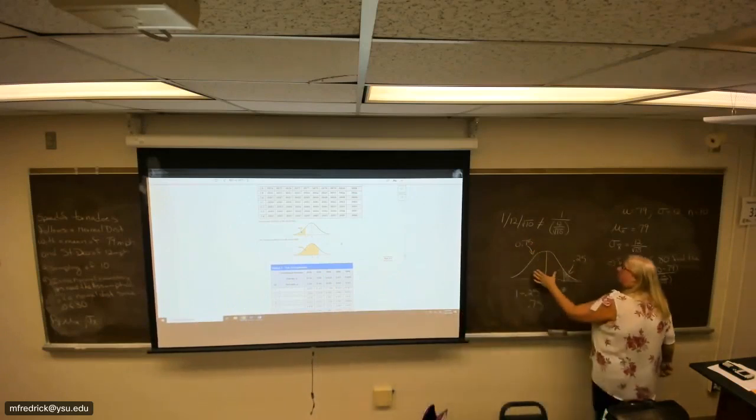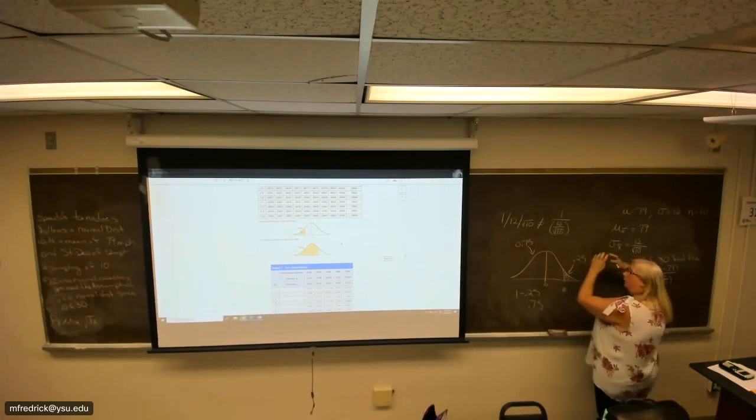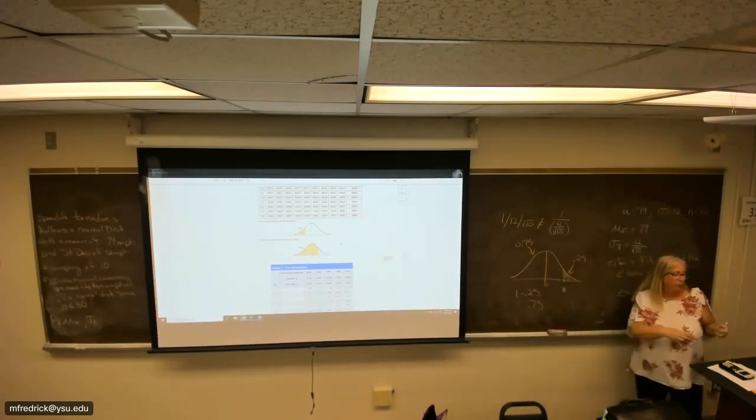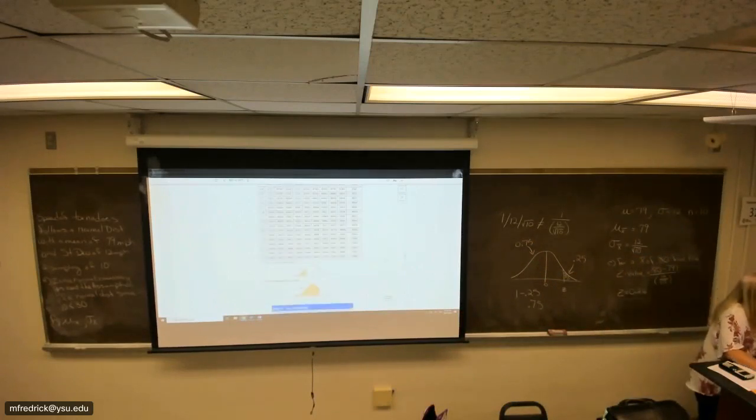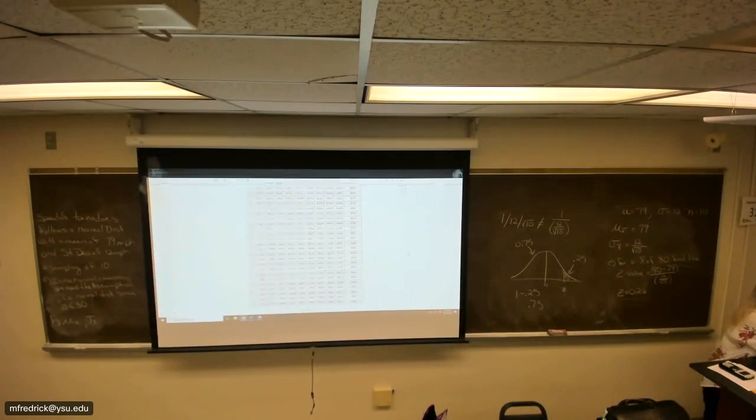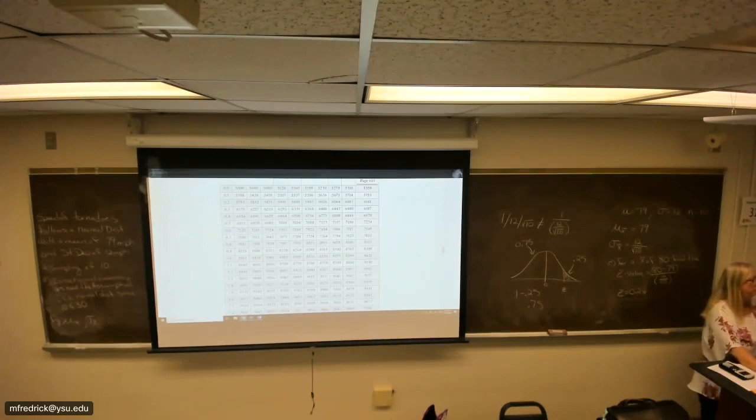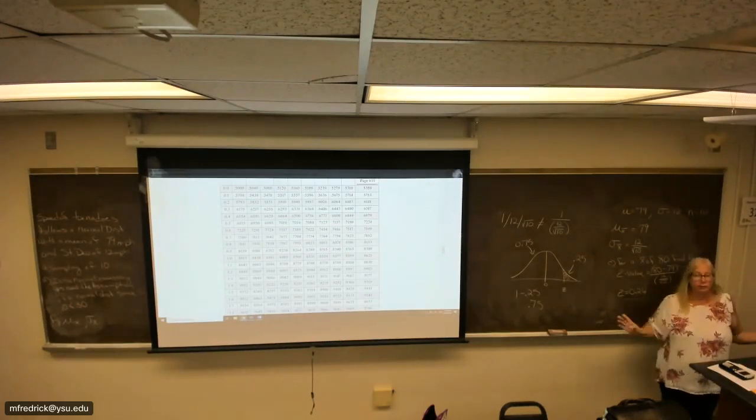So this is the area inside, you look inside the table and work out. So we would go into the table and look for 0.75. So we'd be looking in here. And there is one on the test where I just show you the area shaded inside and you just give me the Z value.